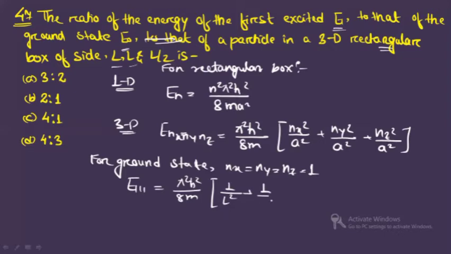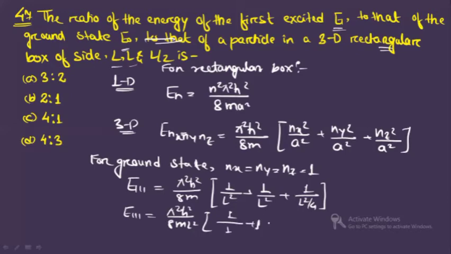Again you will have 1 by L square plus again you will have here L square by 4 because it is L by 2 whole square. Clear? So now if you see, L square is there in all the denominators. So if I take common L square, then in this case, in the denominator, nothing is there, 1 by 1, that is ultimately 1.